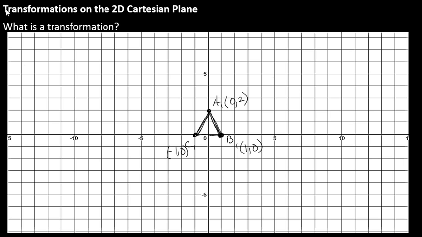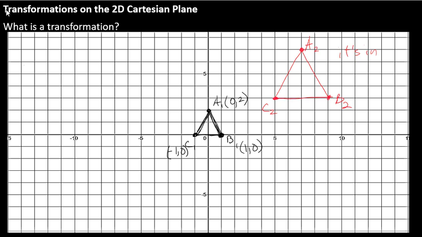And this time, let's say that my base becomes twice as large, which means my height will become twice as large as well. Okay, so let's call this A2, B2, and C2.